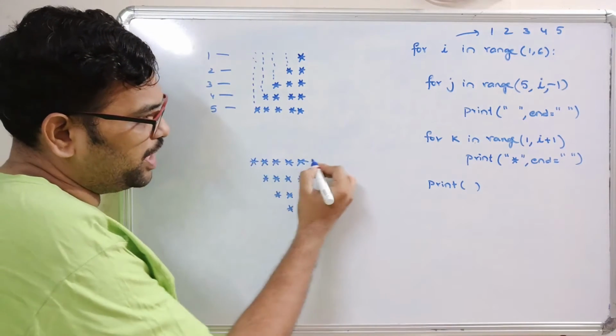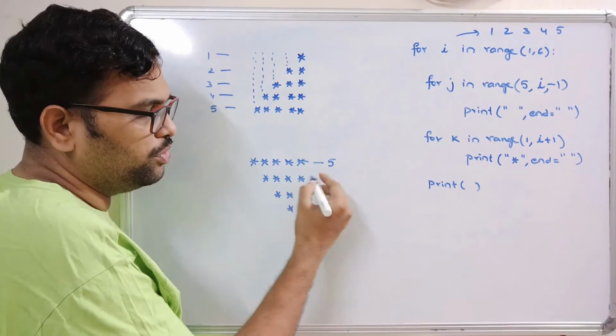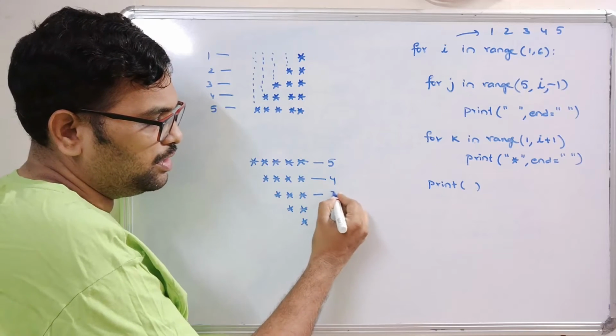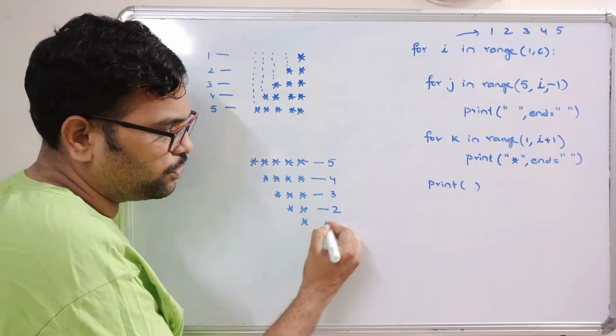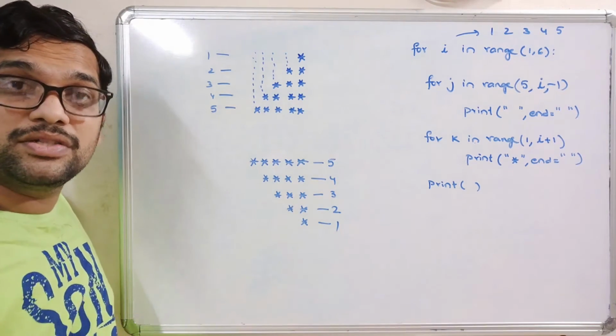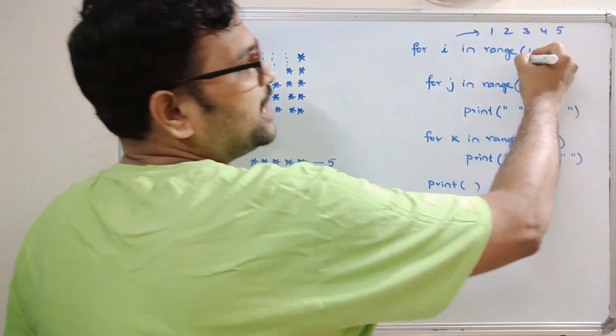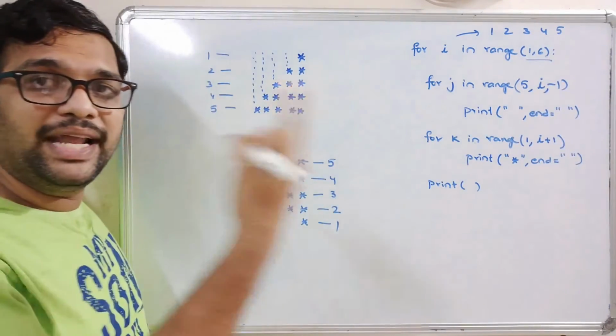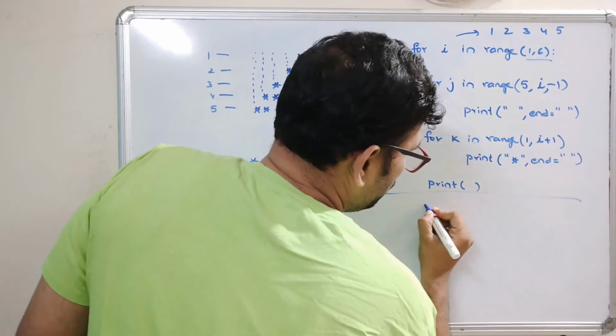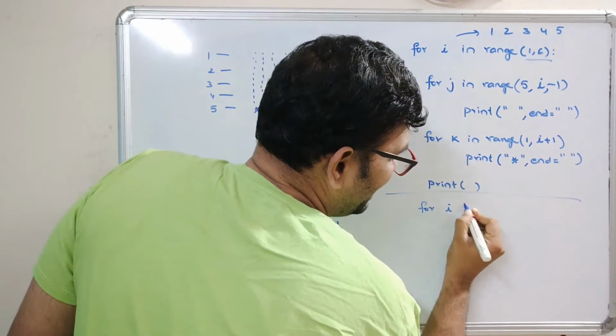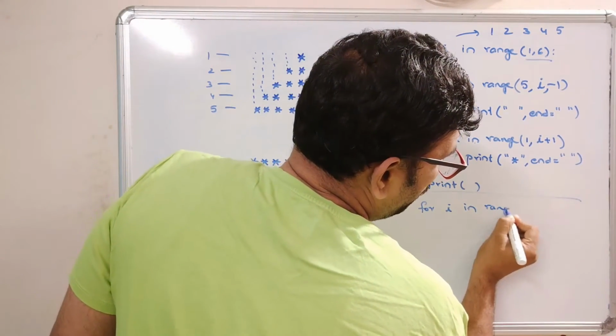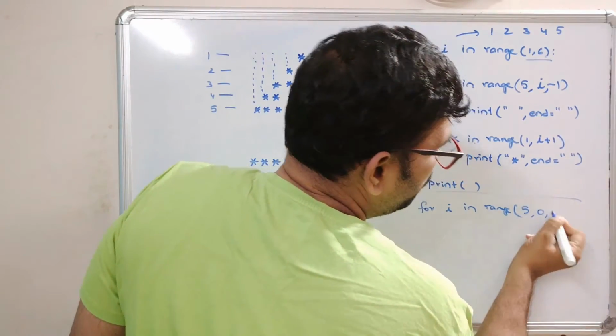So here we are printing 5 in the first row, 4 in the second row, 3 in the third row, 2 in the fourth row, 1 in the fifth row. So simply change the positive updation to negative updation. So use for I in range of 5 comma 0 comma -1.